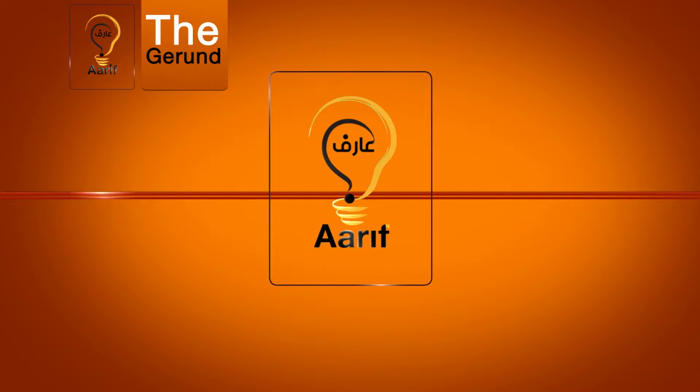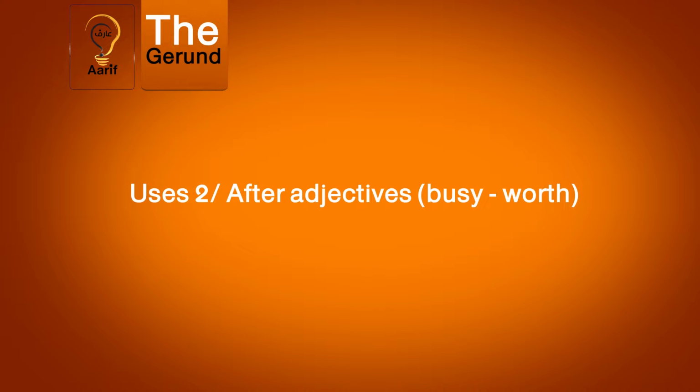Number 2, the other use of the gerund: after adjectives. We have many adjectives like tall, short, thin, fat, expensive, cheap, and so on, more than hundreds of adjectives, but only 2 adjectives are followed by gerund.